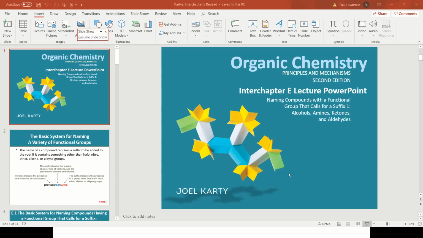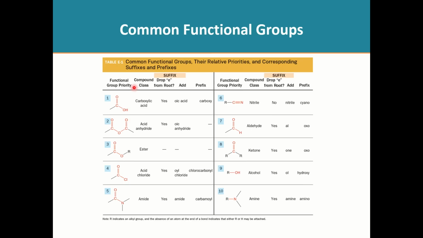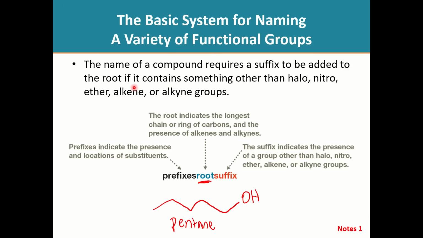So we see it tells us to put an -ol, an "all". So that right there is the root. So I'm going to square the root. And then the suffix, I'm just going to underline, and that would be the -ol. Okay.